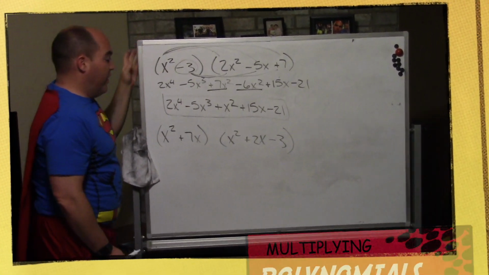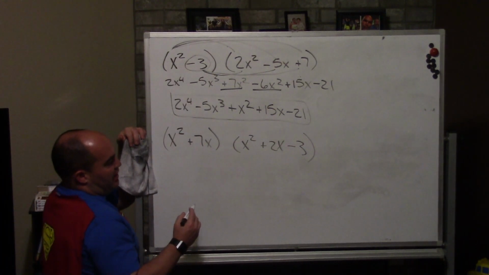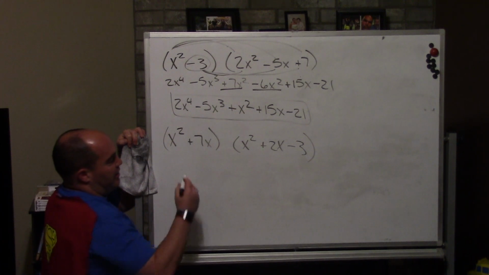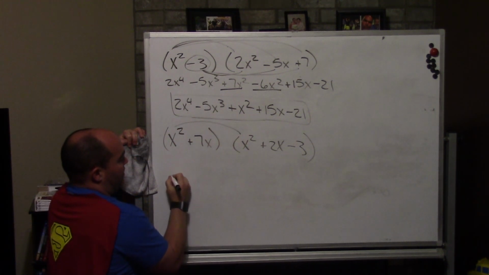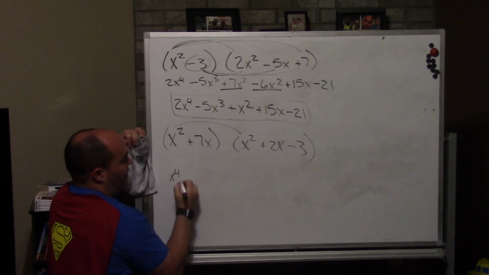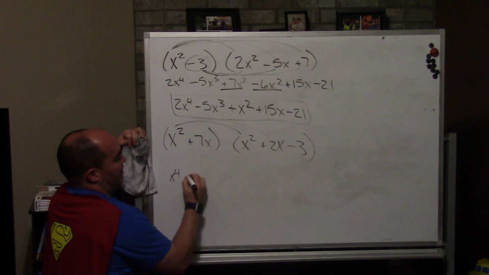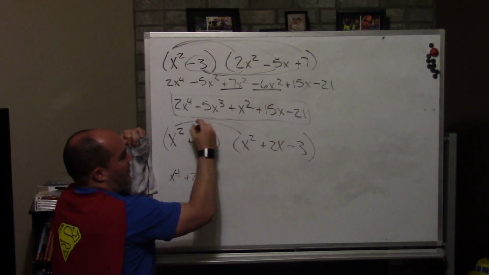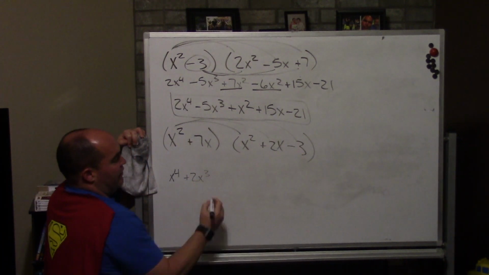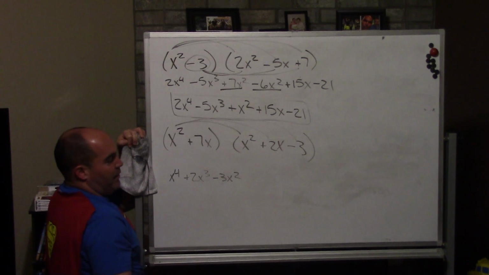Alright, same thing over here. We got a lot of different variables and stuff, different letters in here this time. So x squared times x squared is going to be x to the fourth. X squared times 2x is 2x to the third. X squared times negative 3 is negative 3x squared.